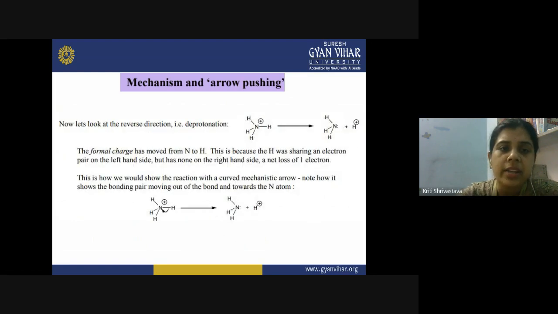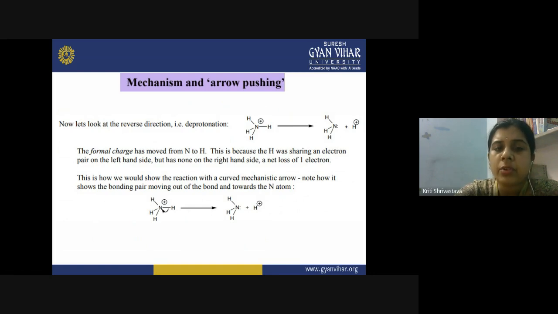Now let us look at the reverse direction, that is the deprotonation reaction. So in the deprotonation, the proton that was added on the ammonium ion is now lost. This is removal of the proton from the ammonium ion. So now what happens?